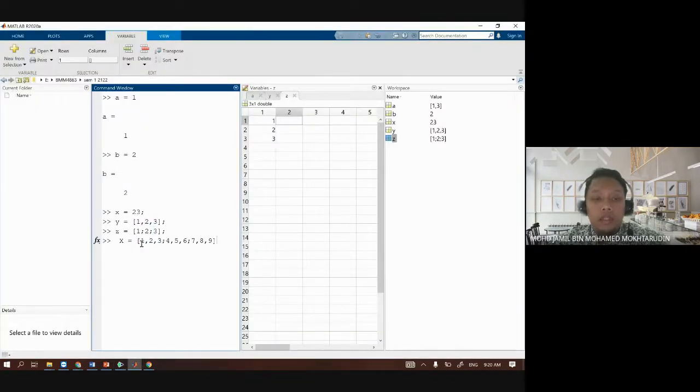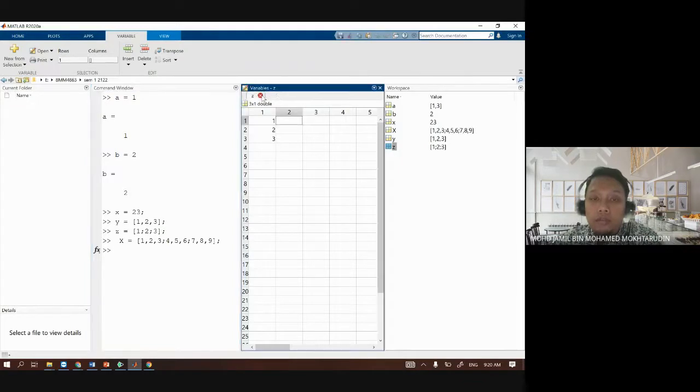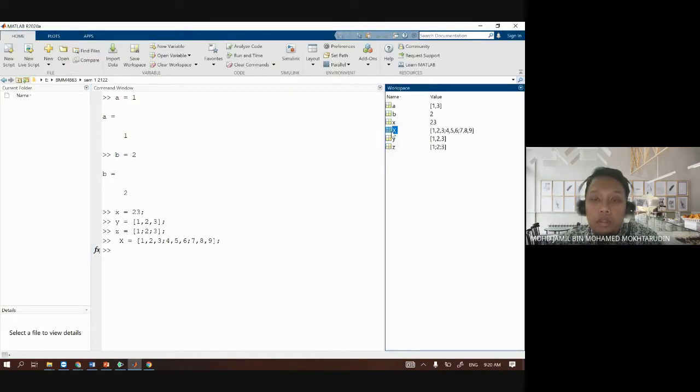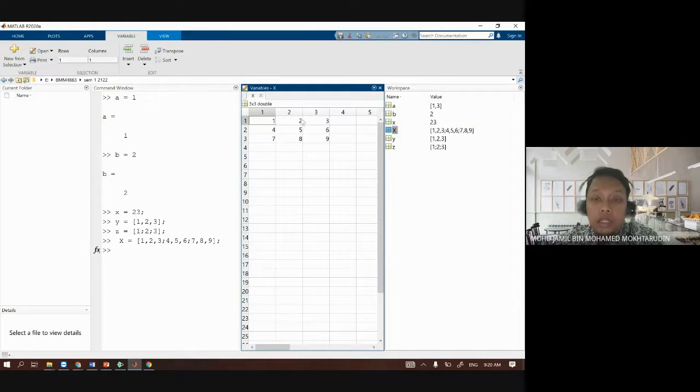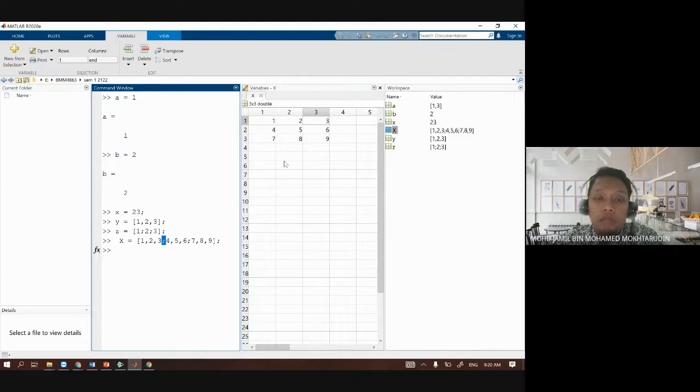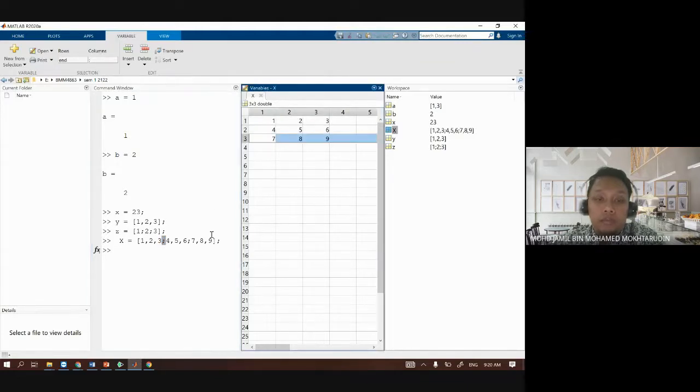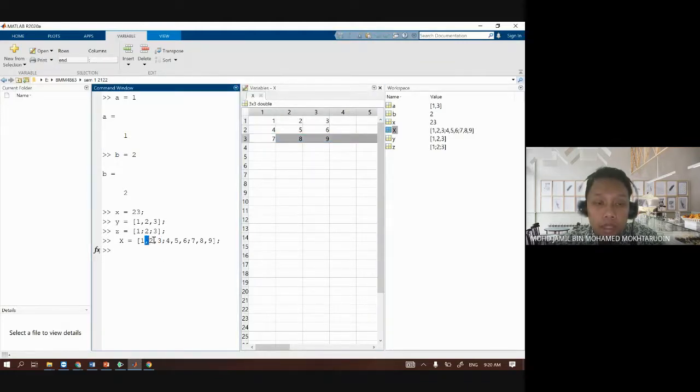If you write this in the command window and look at x, it is in the form of a matrix. Commas separate the numbers by column, and semicolons separate the numbers by row. So first you separate by column and then by row.